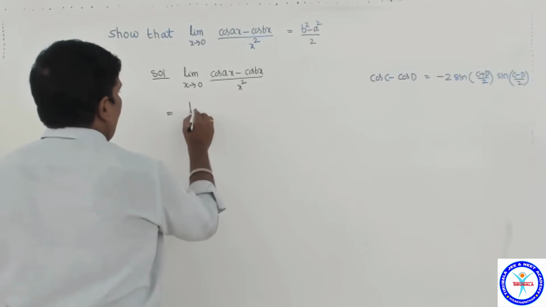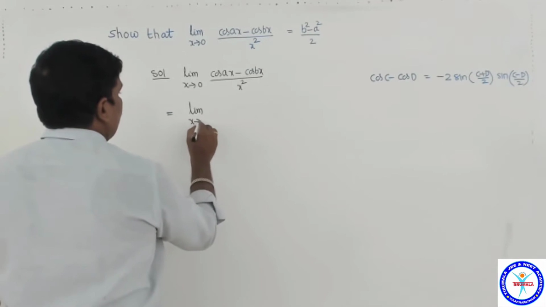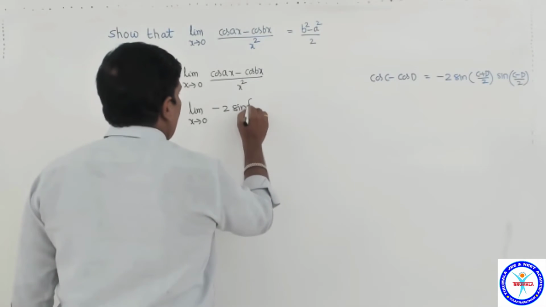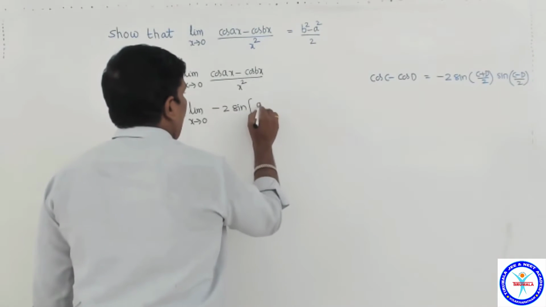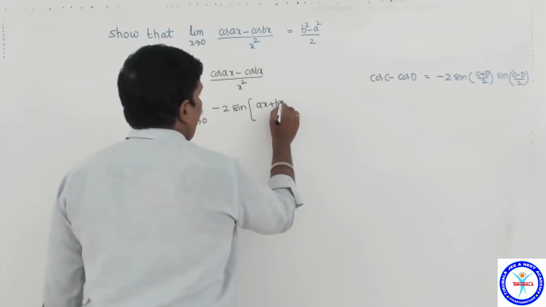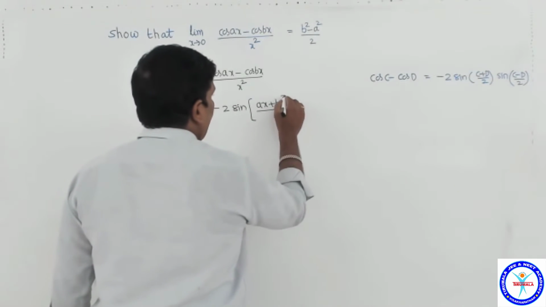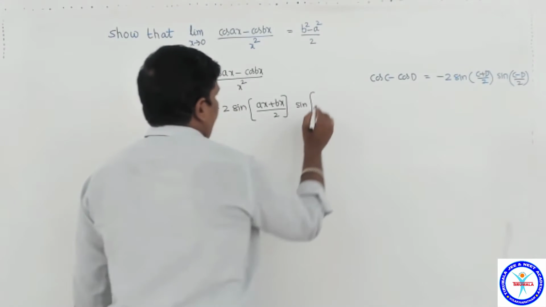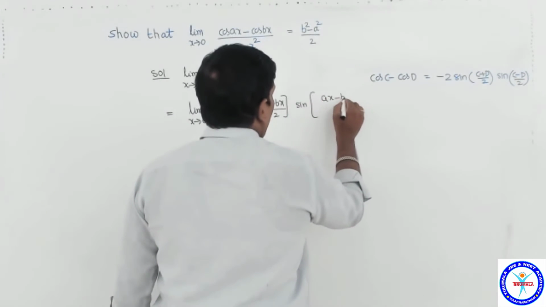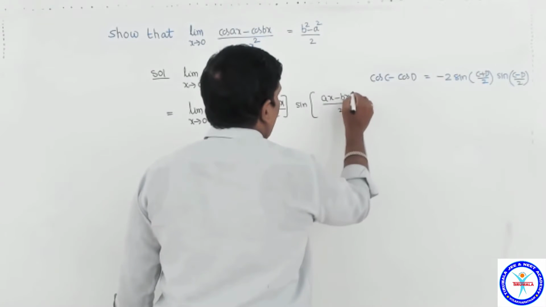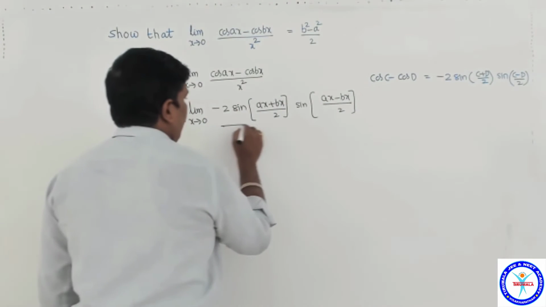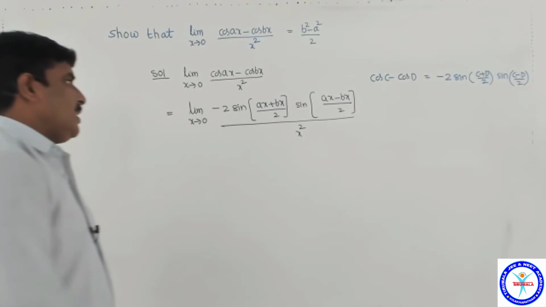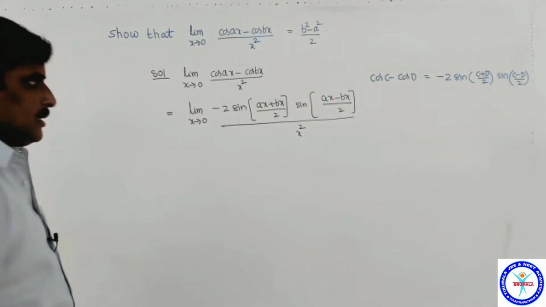So limit x tends to 0 of minus 2 sin((c plus d) by 2), that means (ax plus bx) by 2, into sin((c minus d) by 2), (ax minus bx) by 2, divided by x square.